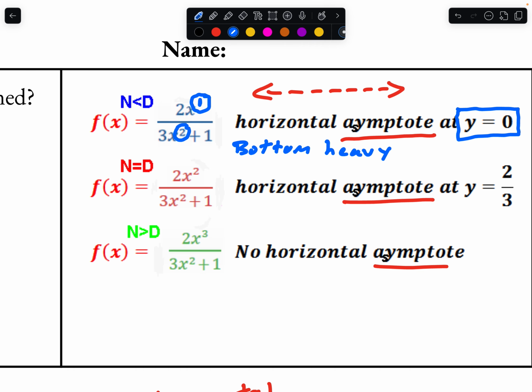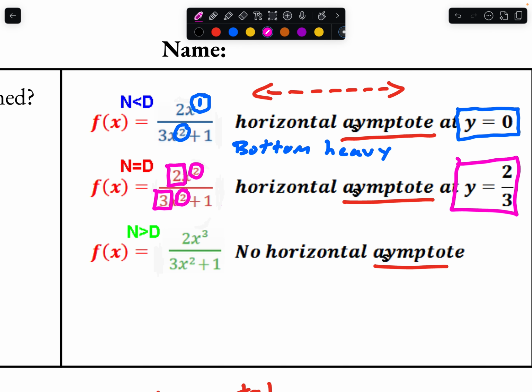The next case is what happens if we have equal powers. We've got a degree 2 on the numerator and a degree 2 on the denominator. Here you only look at the coefficients of the highest powers, and you get a horizontal asymptote at the line y equals 2/3.